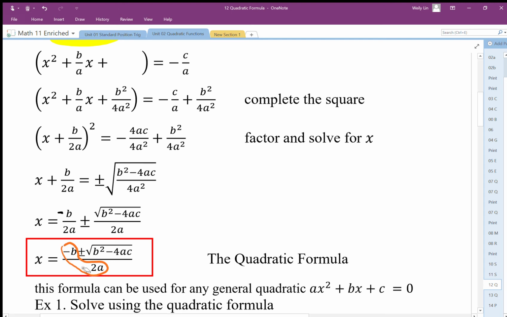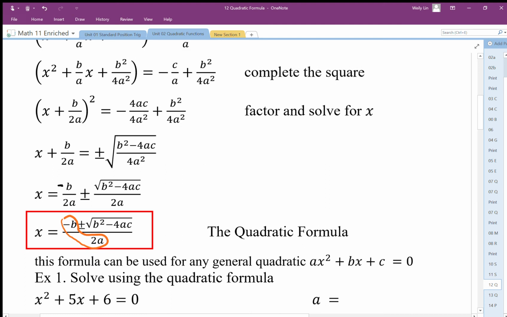So there's its middle, and the two solutions that cross the x-axis are going to be plus minus this amount from the middle. So we're going to go plus that amount to the right, and we're going to go minus that same amount to the left. And that gives us our symmetrical solutions about the middle part of our quadratic. And there is the middle of our quadratic, the x-coordinate of the vertex.